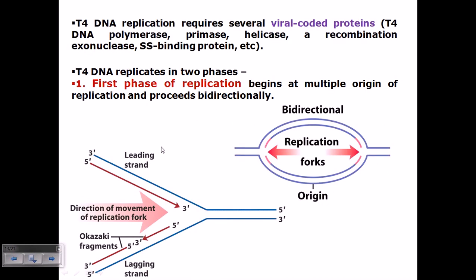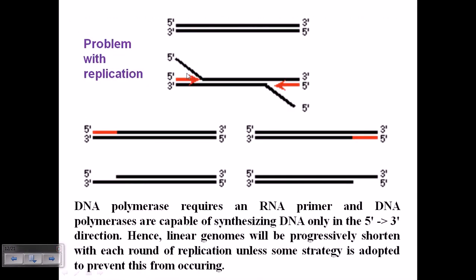If we are talking about linear DNA, just like the DNA of the T4 virus, as the DNA is linear, each time they add a primer at the terminal ends and start synthesizing the DNA in both strands, usually on the opposite or lagging strand, we need to add primers, right, because the DNA polymerase can only synthesize in the 5' to 3' direction.